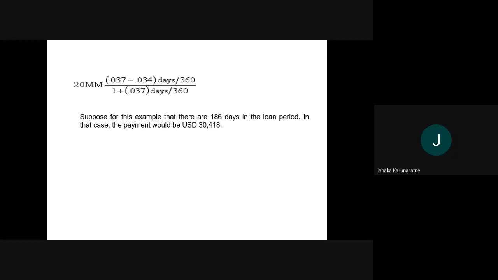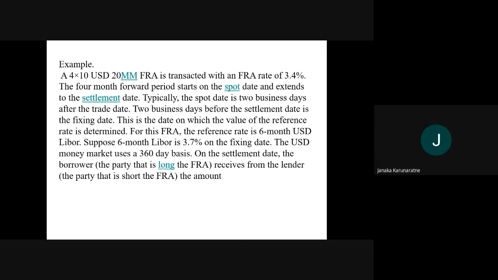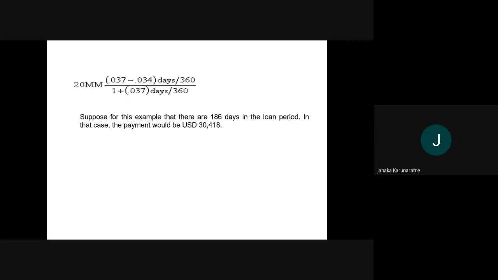So under this FRA agreement, the selling bank would pay US dollar 30,418 to the buyer if the interest rate goes up to 3.7%.